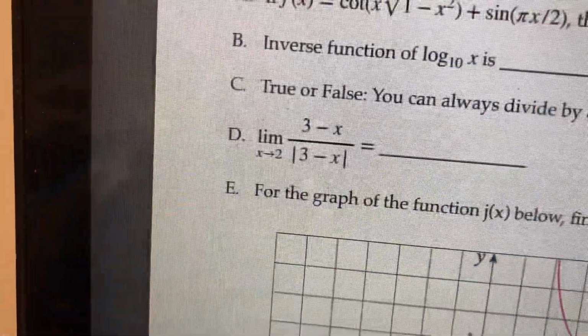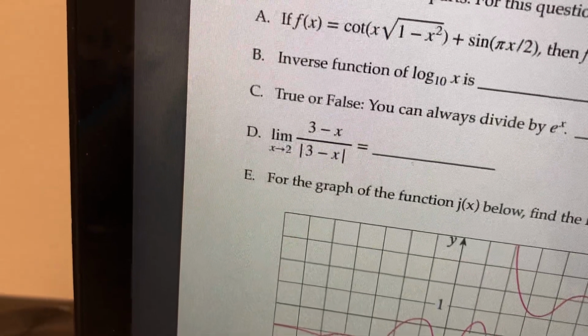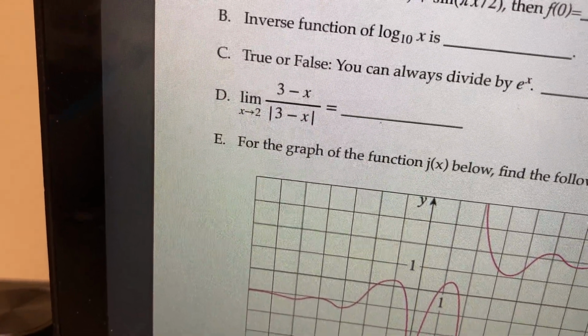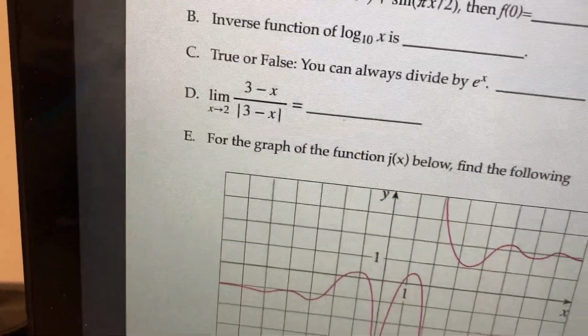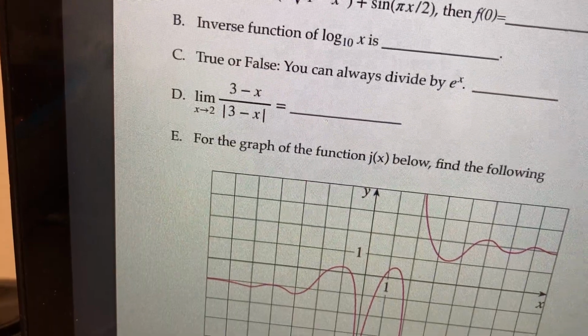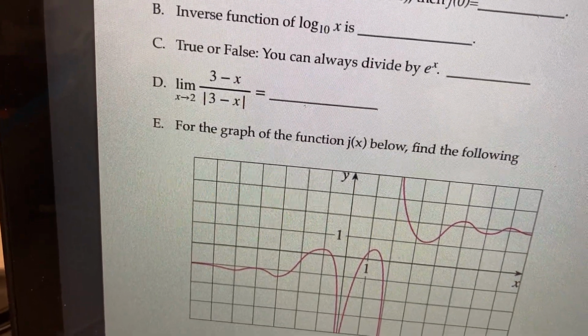Now, 1d, the limit as x approaches 2 of 3 minus x over the absolute value of 3 minus x. So I wrote out the problem right here.